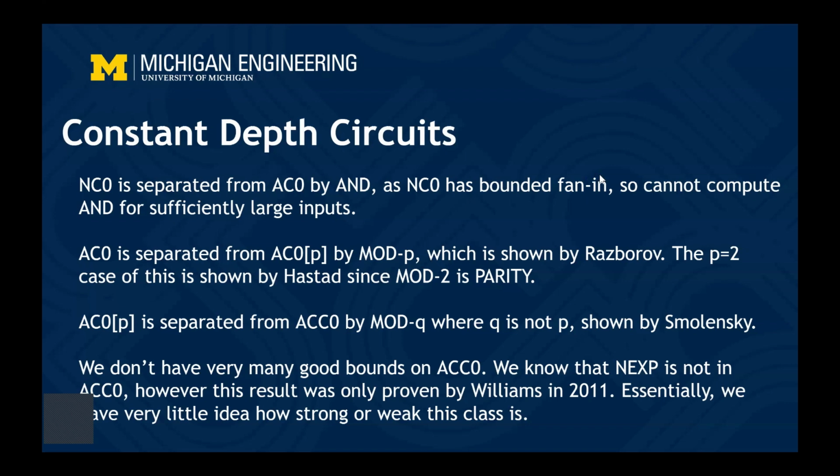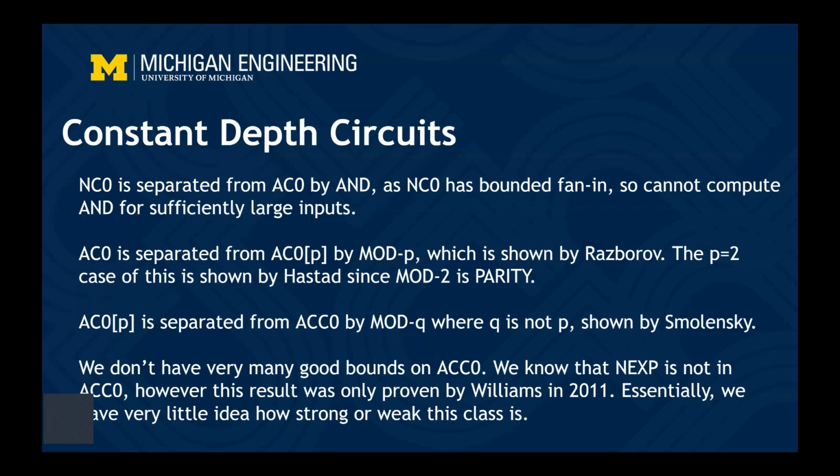And up to this point, we've been giving separations between classes using very simple problems. But then with ACC0, we don't really have any good lower bounds on it. We know it's contained in NC1.